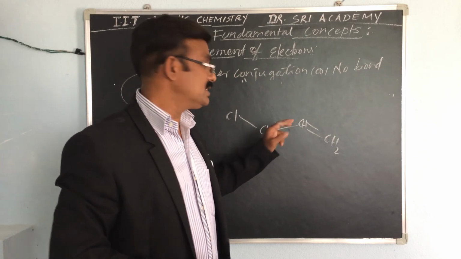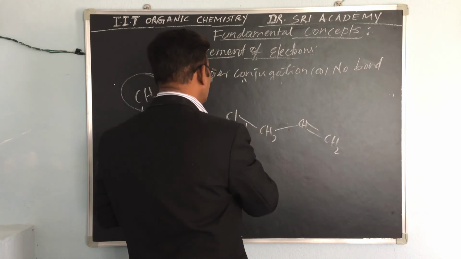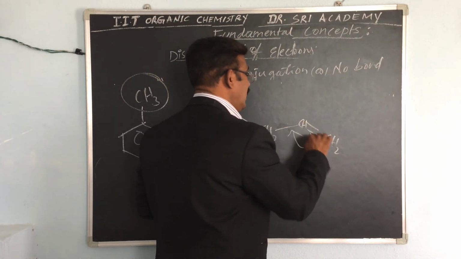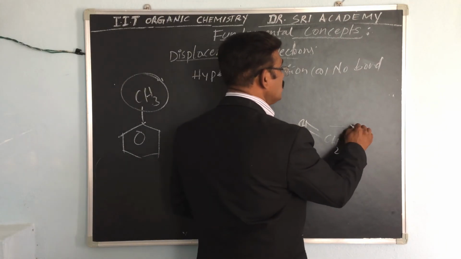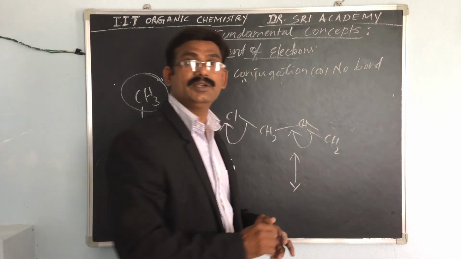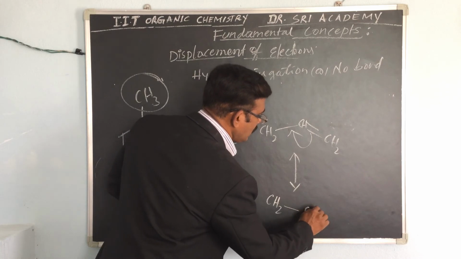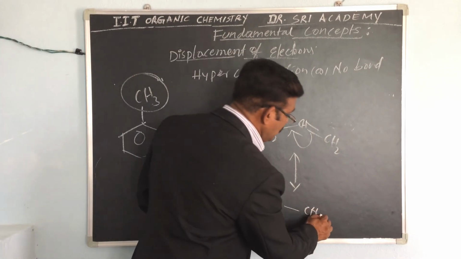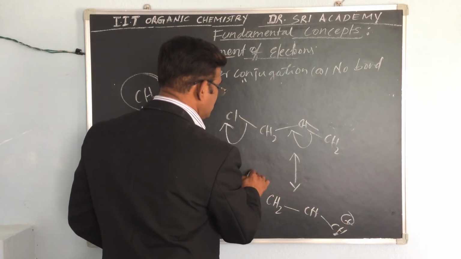Here reverse means the reverse side, where an electronegative atom is present. So the electrons will come towards it. This is the reverse hyperconjugation. That is CH2=CH-CH2 becoming CH2=CH-CH2 plus, because this one is plus, and Cl minus.